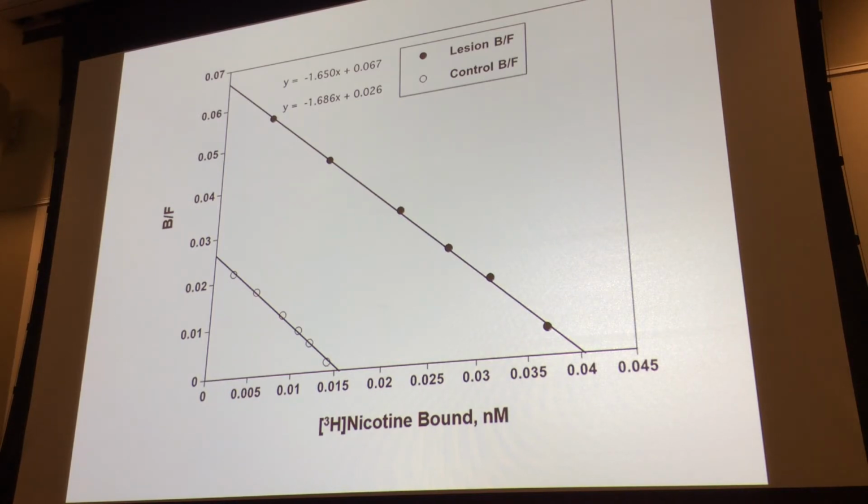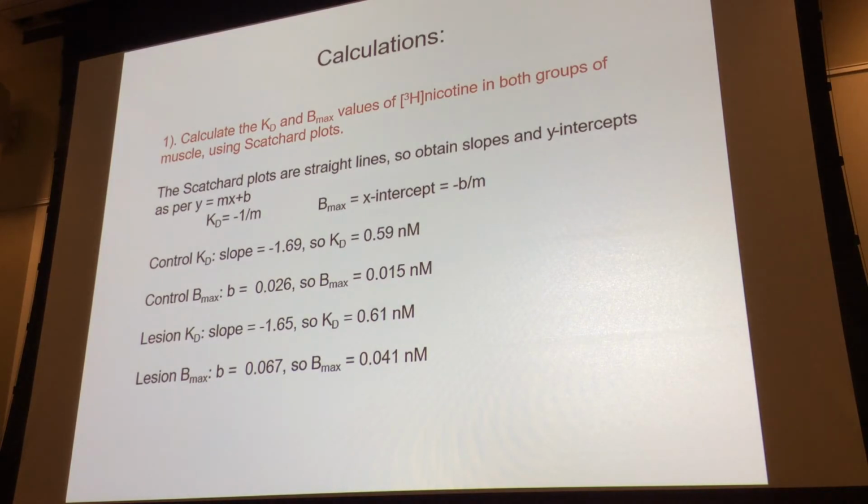And from the Scatchard formula, you know that the KD is the negative reciprocal of the slope, and the Bmax is the x-intercept. So it's really simple to go ahead and use those plots to solve for the KD and the Bmax.